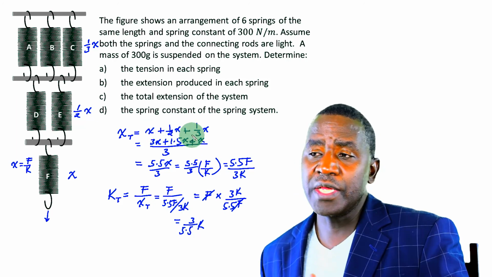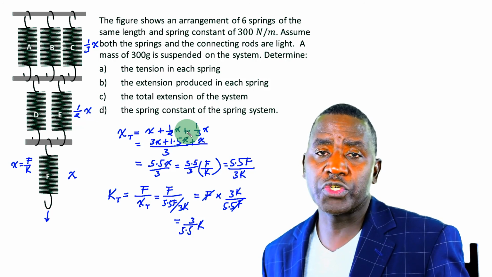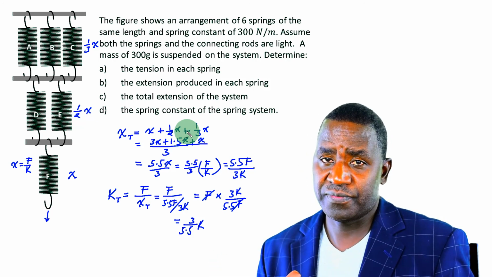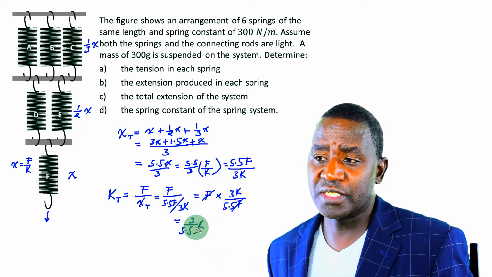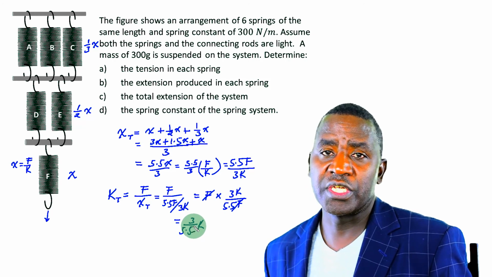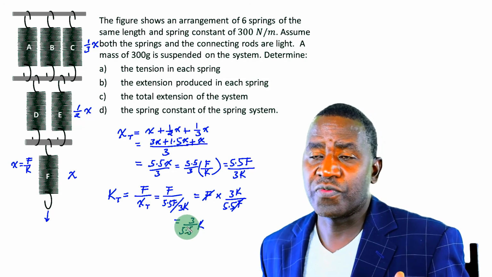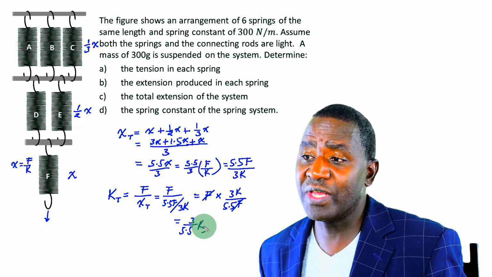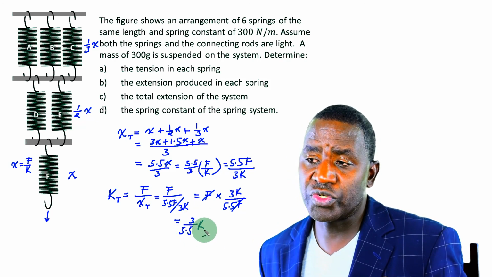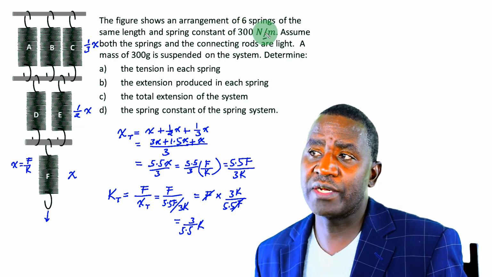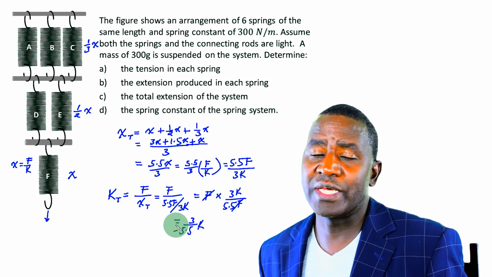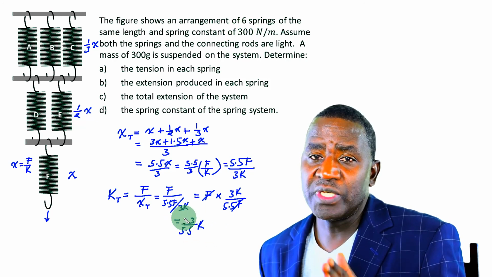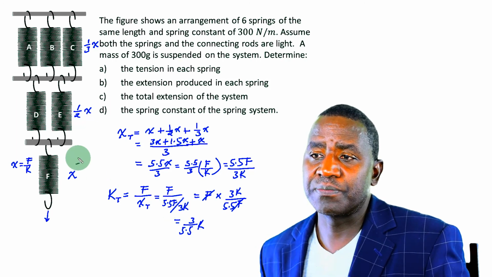You know, we are trying to understand this question from all angles. And since we have gotten to this point, in order to prove that the spring constant is 163.7, we're just going to introduce the value of K, which is 300 Newton per meter, and we're going to get the same value. So the point I want to make here is this.